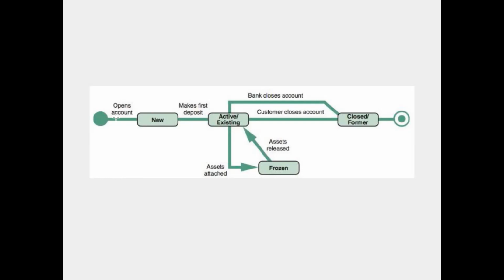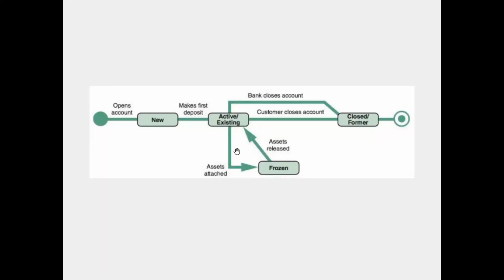And it will start with opening an account. When you open an account, the account status will be new account. And when you're going to start using it, it will become active account, like when you make your first deposit.